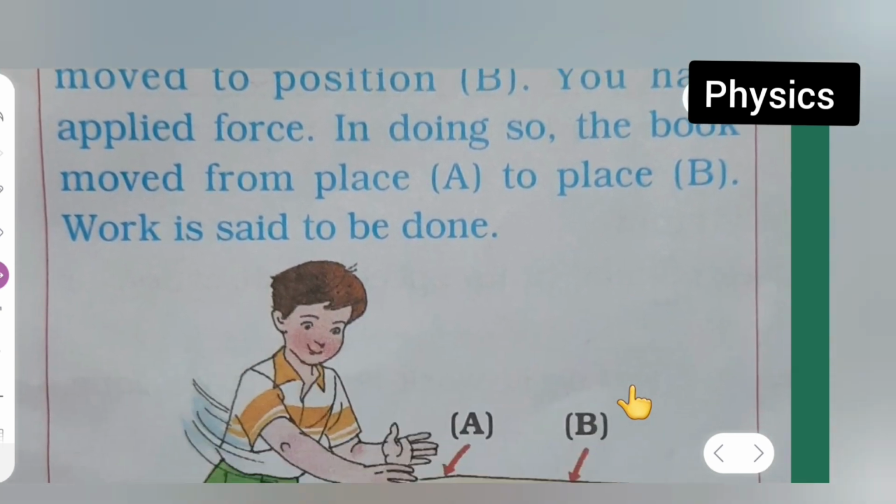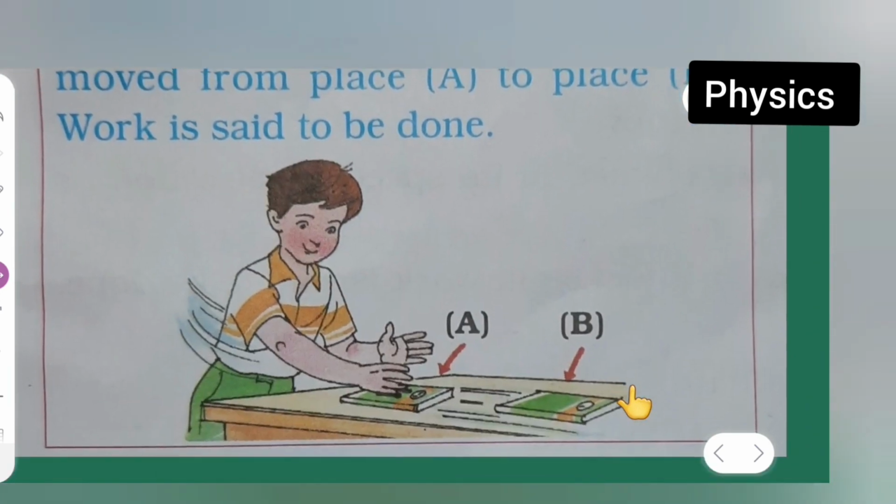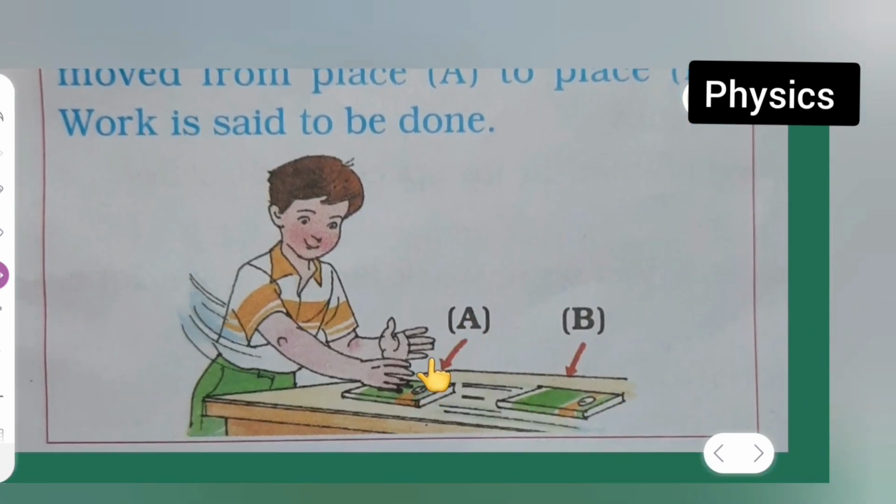So what you have to do is just place a notebook on your table at position A. Position A is where your notebook is at rest. Now you have to push this book, so you apply some force. Once you move it, the work is done.